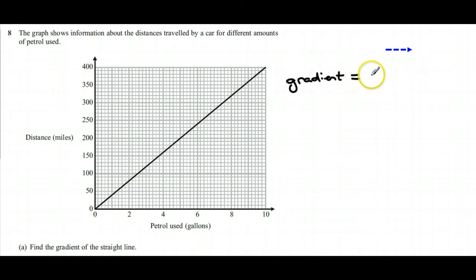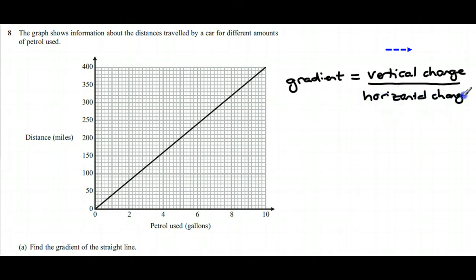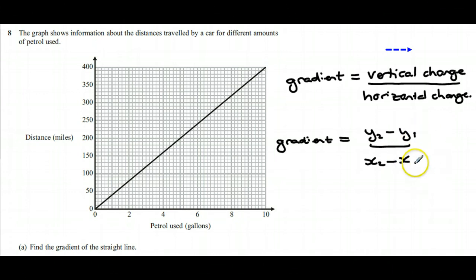we need to know the vertical change between 2 points on the line and divide that by the horizontal change. Another way of phrasing that is to talk about two y coordinates and two x coordinates where you find the difference between them.